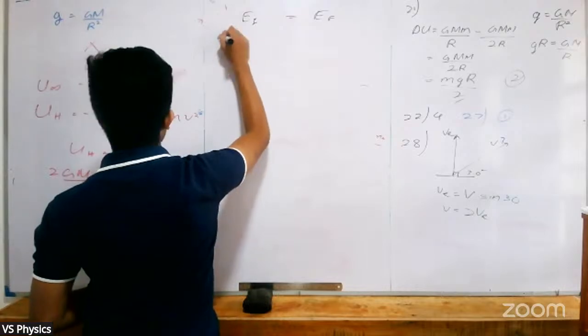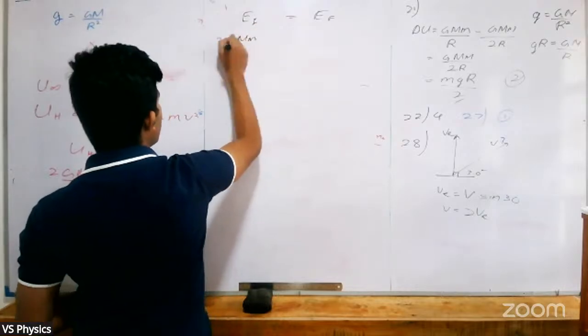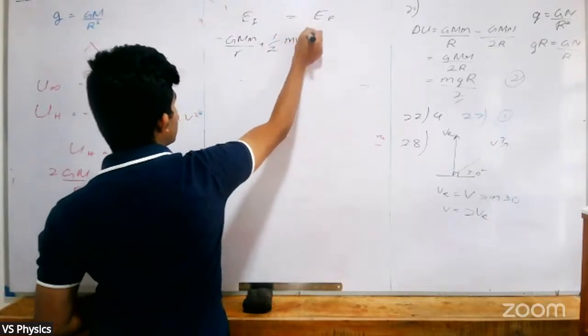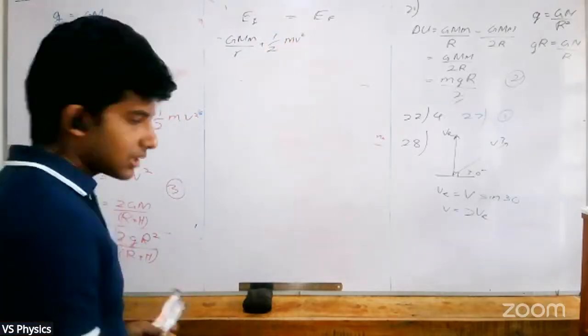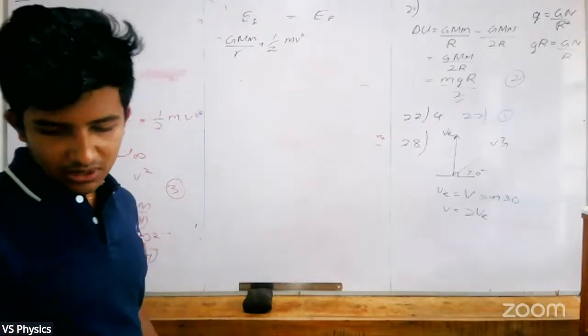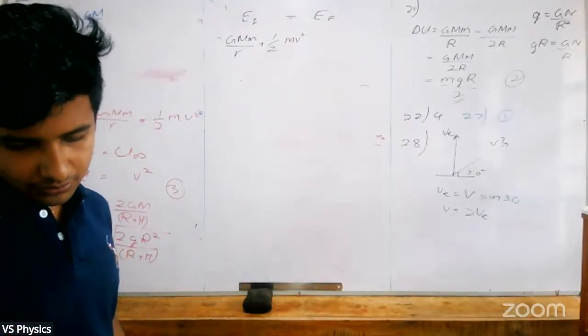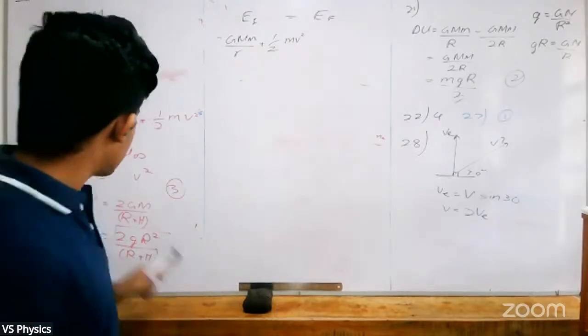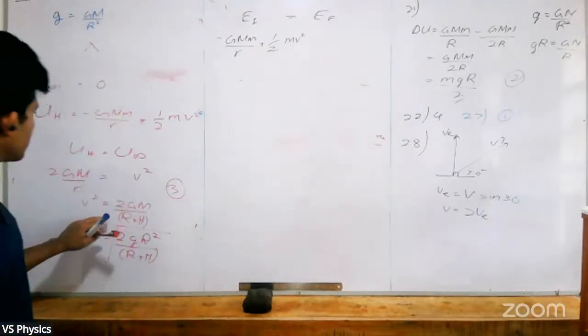Energy initially is equal to minus GMm divided by r plus half mv squared. But what is v squared equal to?